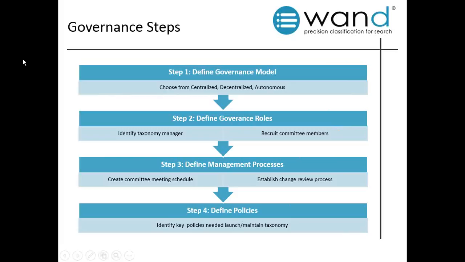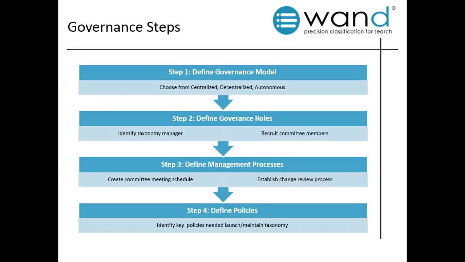It just doesn't happen. So oftentimes it ends up being one person, maybe a few people, and maybe you can get a few people together to make a committee for this. But oftentimes this comes back to 1, 2, maybe 3 or 4 people who are going to do this for the company, and that's not a full-time role, obviously. But at some point you're going to define some governance roles for who really is going to be in charge of the taxonomy. And we'll talk later about what those roles are.